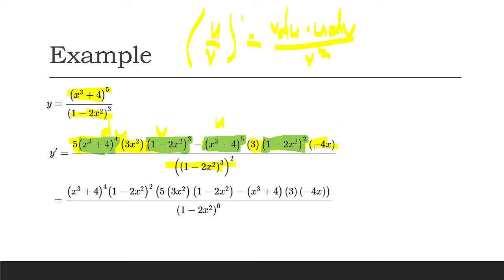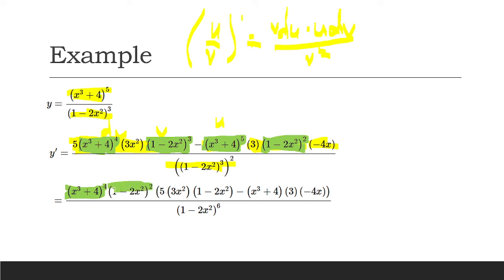So that is what we did. The maximum we can factor out here is (x cubed plus 4) raised to 4 and then (1 minus 2x squared) raised to 2.